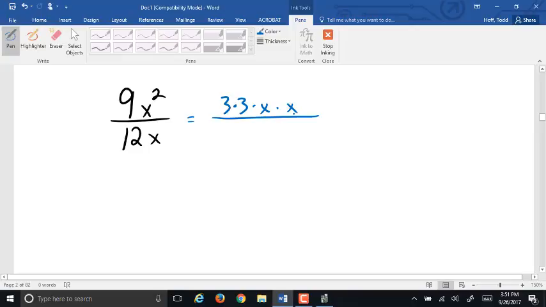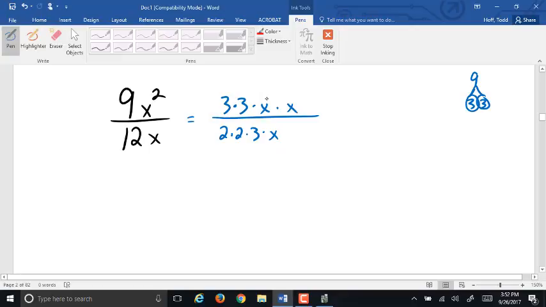Now I'm going to pause there. Does anybody have any questions on where the 3 times 3 times x comes from for the 9x squared? You factor the 9 into 3 times 3. And x squared is just x times x. Then we do the same for the 12x. 12 is 2 times 2 times 3. And then x is just x.